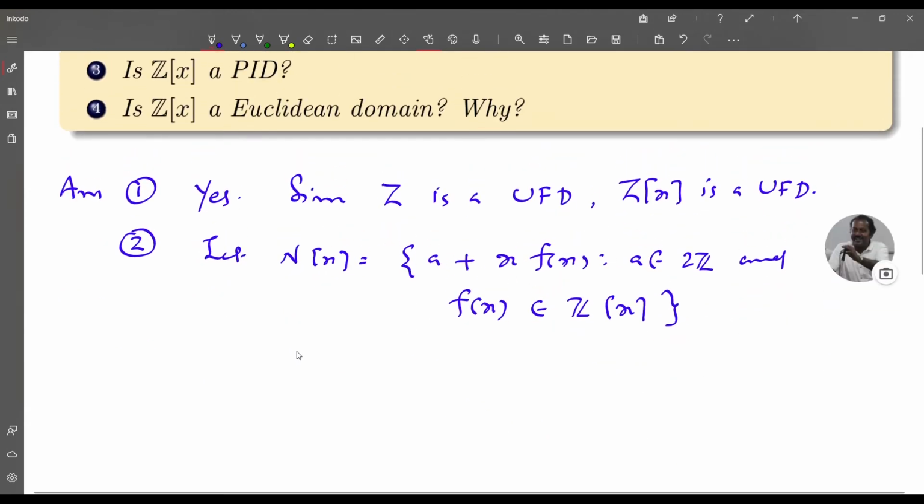Then clearly 0 can be written as 0 plus x times 0, where 0 belongs to 2Z. That is, 0 belongs to N(x).